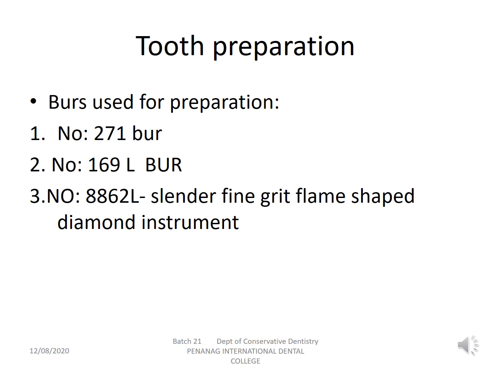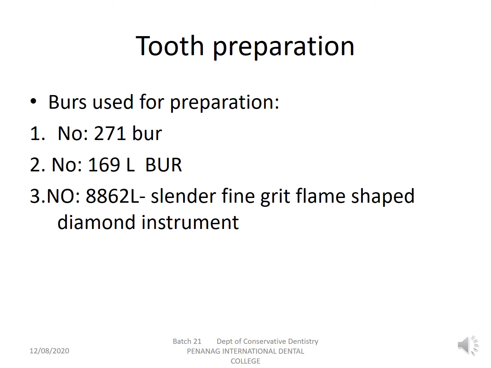This shape of the bur enables your preparation, which is diverging from the pulpal floor to the cavosurface margin. The 169L bur is also a bur which diverges from the tip to the shank, but unlike the 271 bur, the 169L bur has a tip diameter of 0.5 millimeters and a length of 5 millimeters.